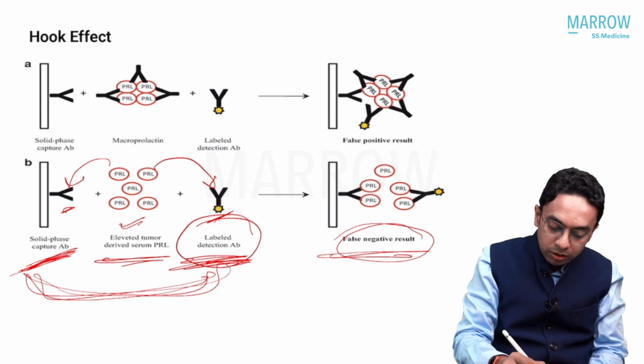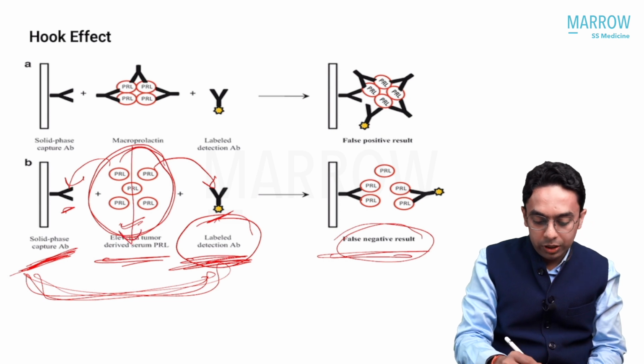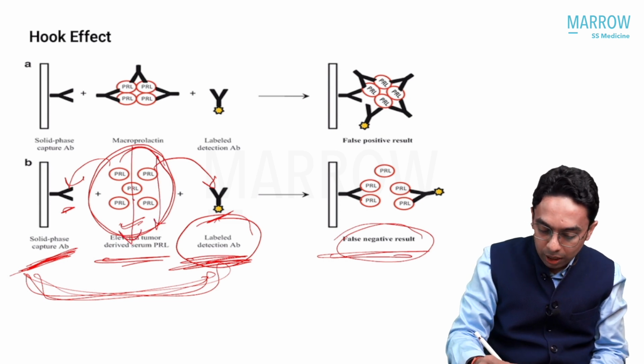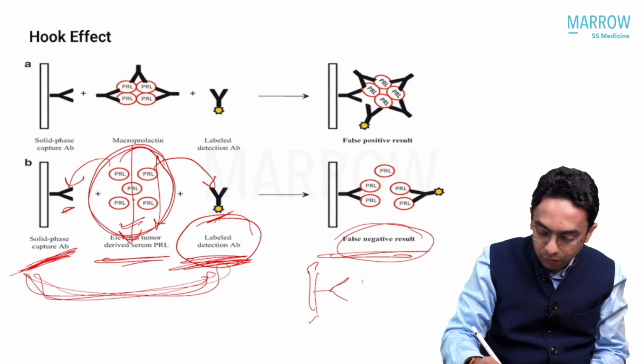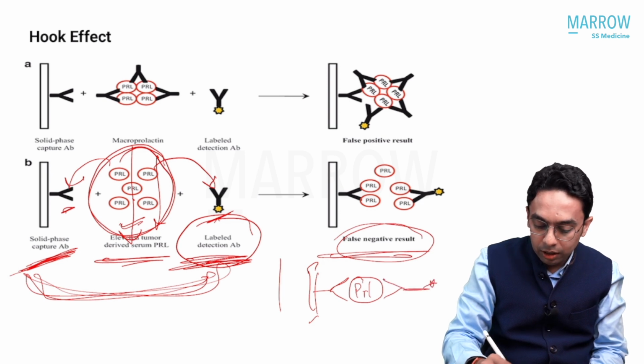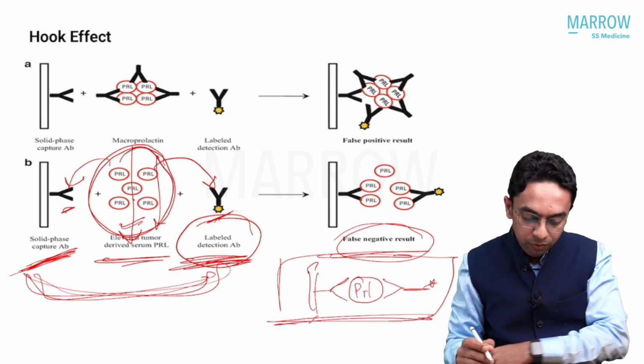But once you dilute it and reduce the concentration, then the capture antibody will be attached to a prolactin and one labeled antibody will also be there. Okay, and this you can pick up on your assay. So now the sandwich would be formed.